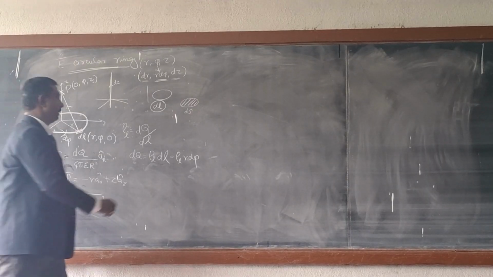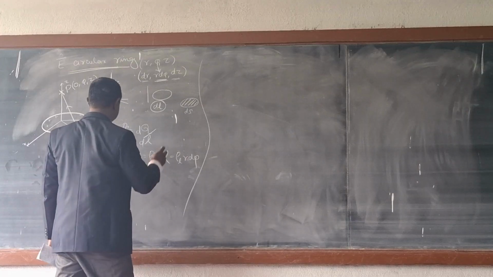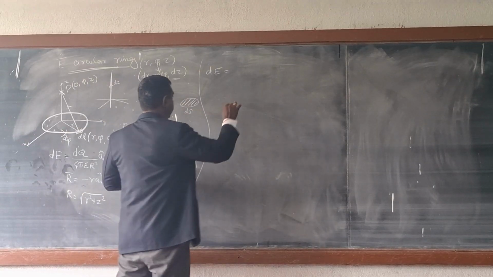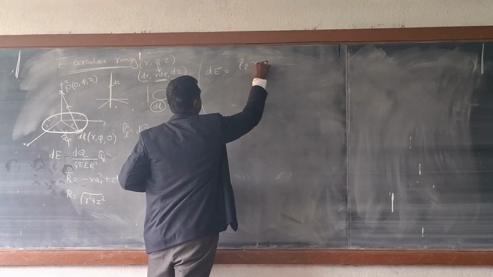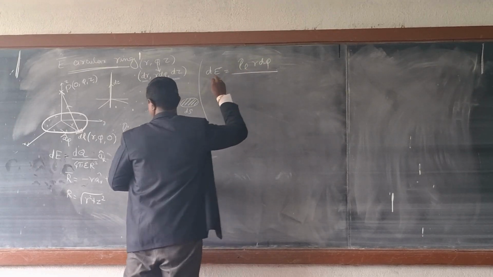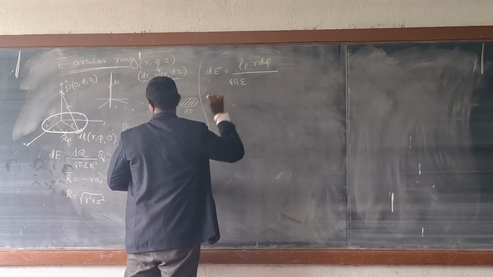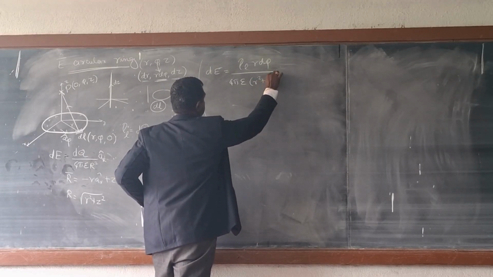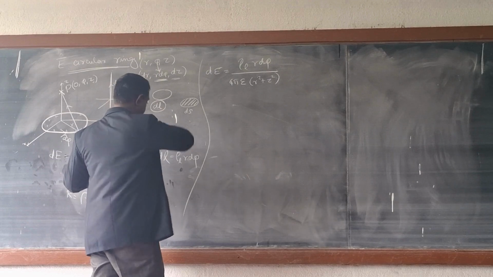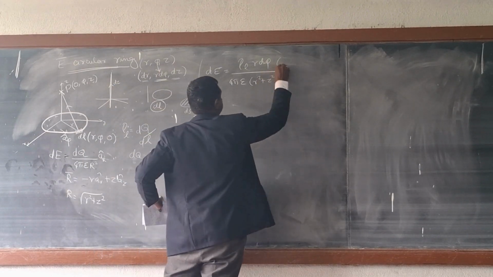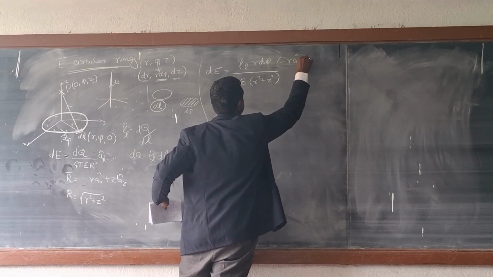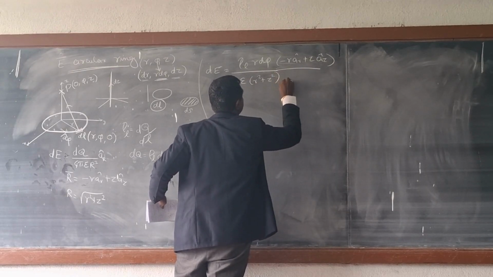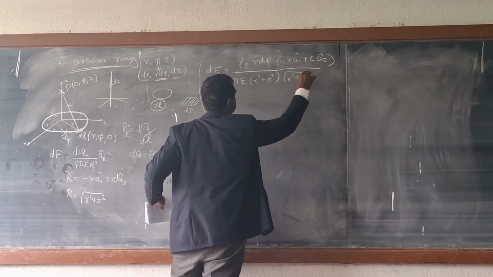To substitute everything in this equation, dE will be equal to dq. dq is nothing but rho L r d phi divided by 4 pi epsilon into r square plus z square into ar cap. Ar cap is nothing but minus r ar plus z az divided by root of r square plus z square, right?